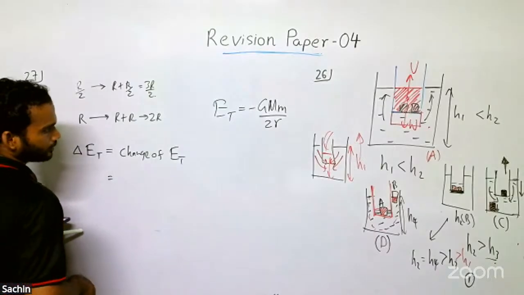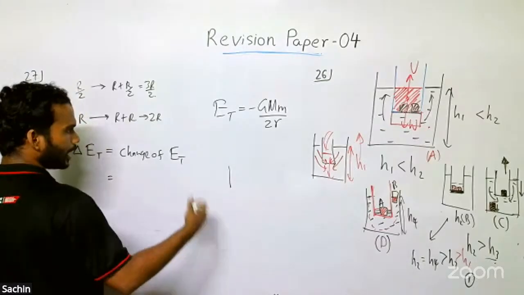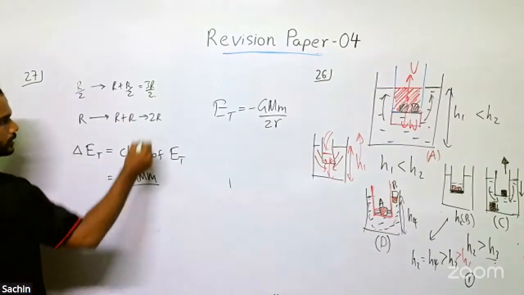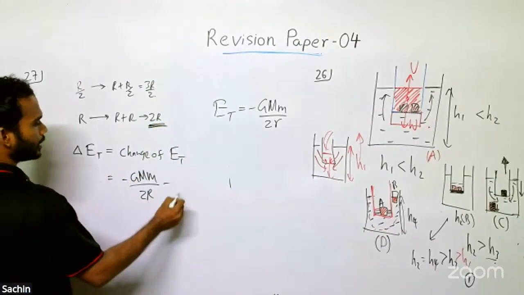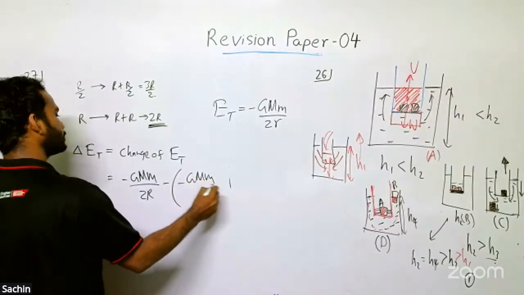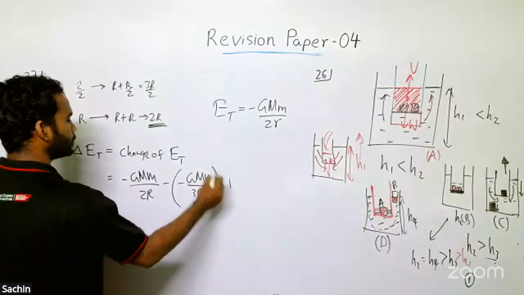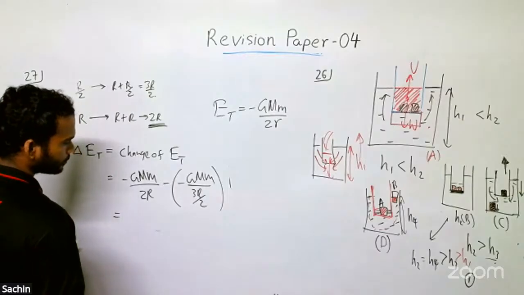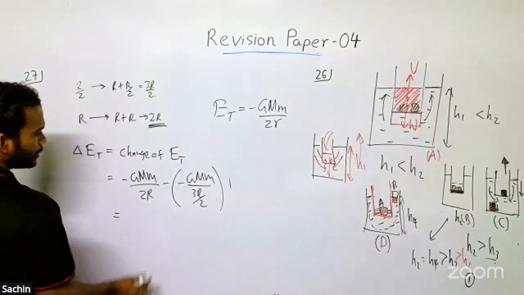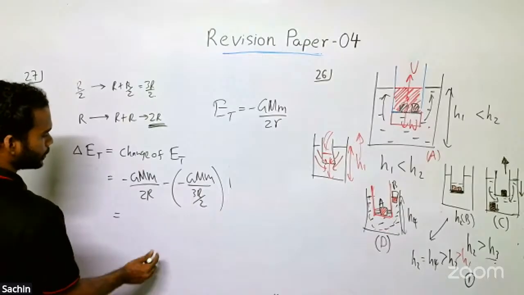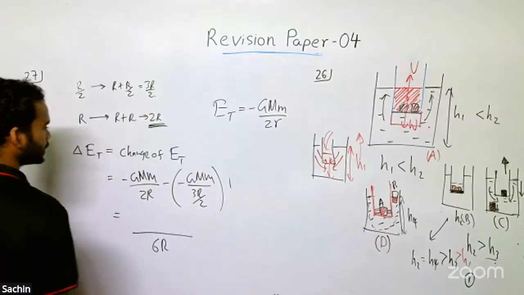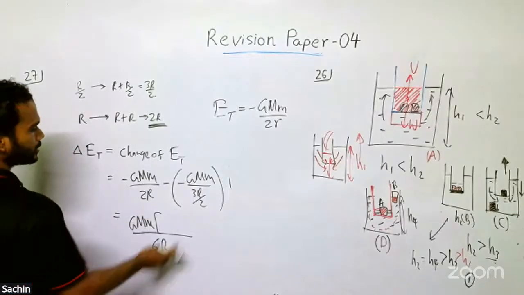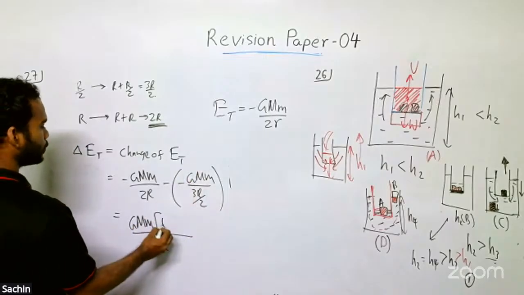So the change of total energy: higher the orbit, higher will be the energy. So minus GMm over, for the higher orbit, the radius is 2R, minus for the lower one, it is 3R over 2. So minus minus will be positive. Okay. The common denominator will be 6R. You can take GMm out. When you take GMm out, it will be plus.